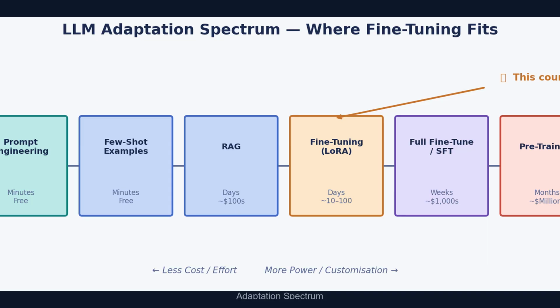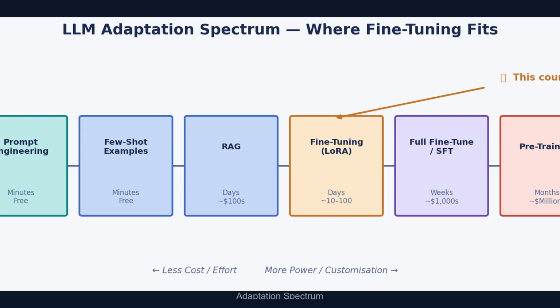This diagram shows the LLM adaptation spectrum, and it's one of the most useful frameworks you'll take from this lesson. On the far left, prompt engineering and few-shot examples. Zero cost, minutes of work, but limited headroom for customization. Moving right, retrieval augmented generation, which takes days of setup and around $100, but handles dynamic data elegantly.